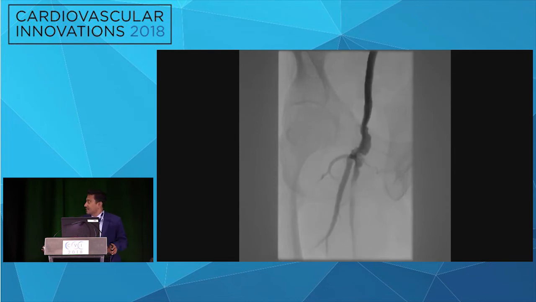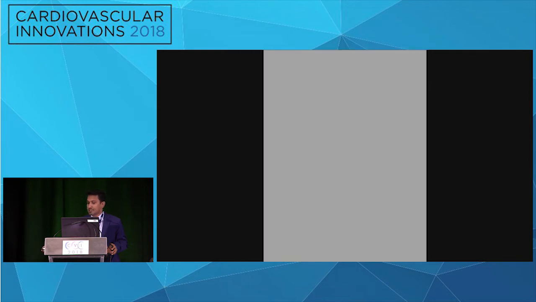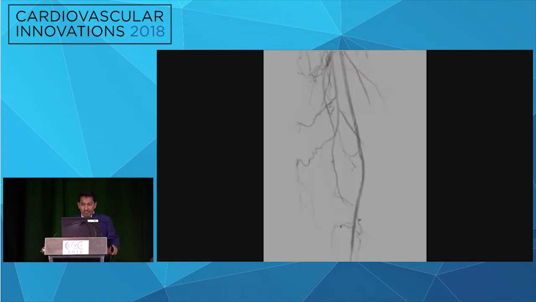There is anastomotic disease here, and a couple of rocks throughout the ostial SFA. So: anastomotic stenosis, ostial SFA calcified severe stenosis, and then a few rocks downstairs over here.